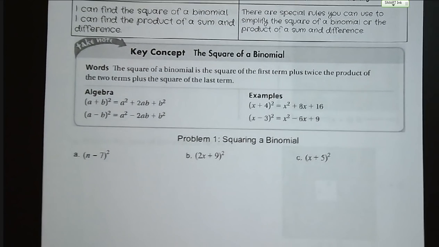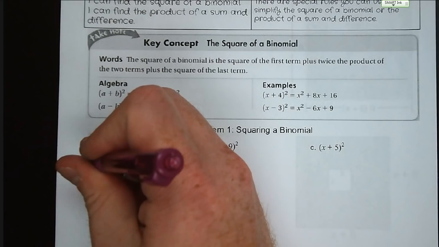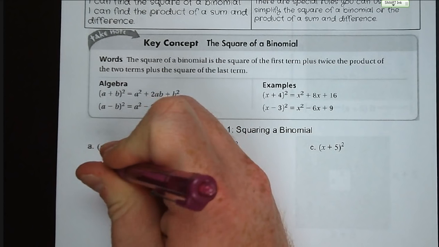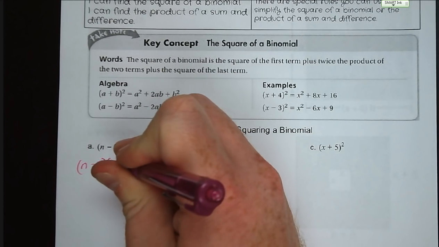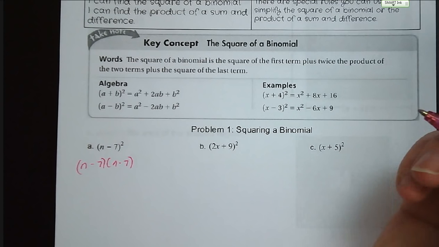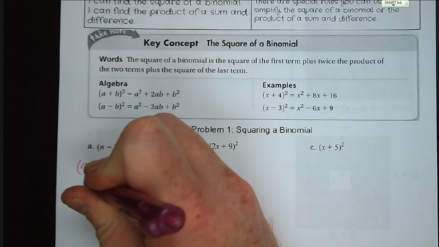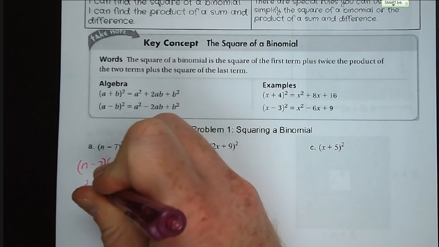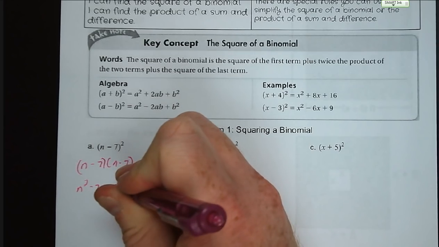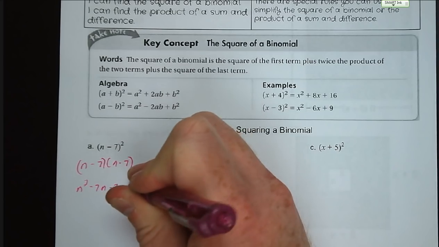First, we've got n minus 7 squared. Let's just do the way we learned yesterday, which was n minus 7 times n minus 7, and we'll see where this shortcut comes from. First, n squared; outer, minus 7n; inner, minus 7n; last, plus 49.